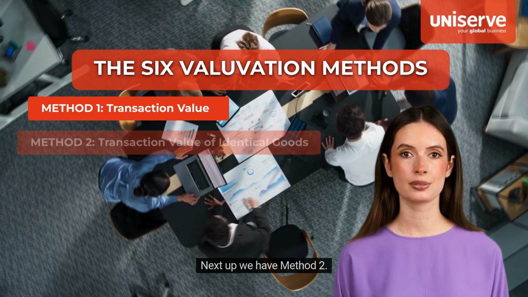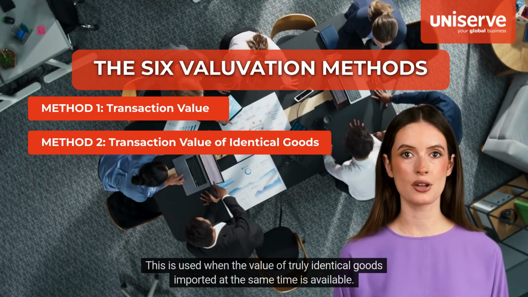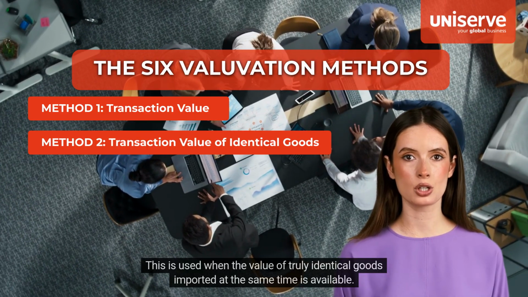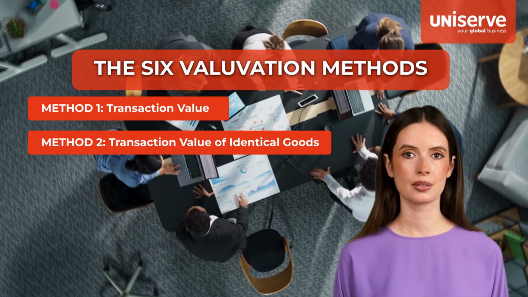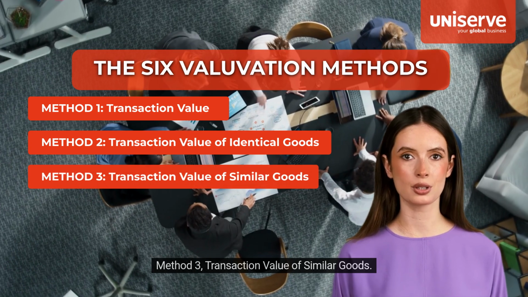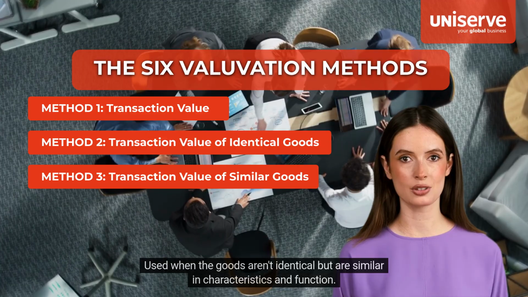Next up, we have method 2, transaction value of identical goods. This is used when the value of truly identical goods imported at the same time is available. Method 3, transaction value of similar goods. Used when the goods aren't identical but are similar in characteristics and function.